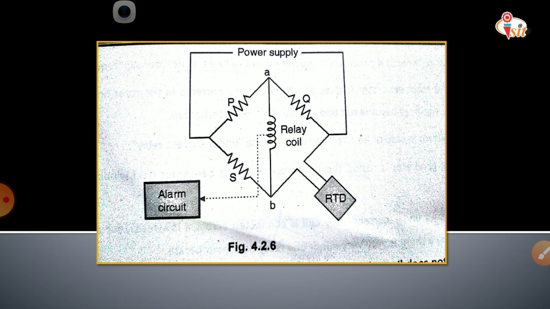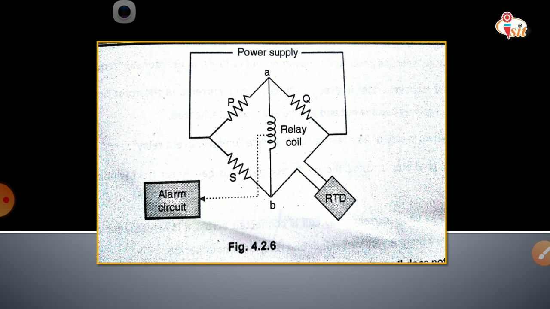In the first method we simply measure the inlet temperature and outlet temperature of the alternator using the temperature monitoring system, and this system will detect the temperature.